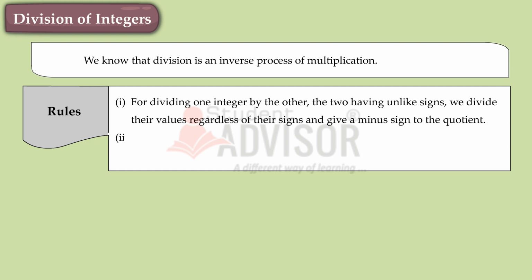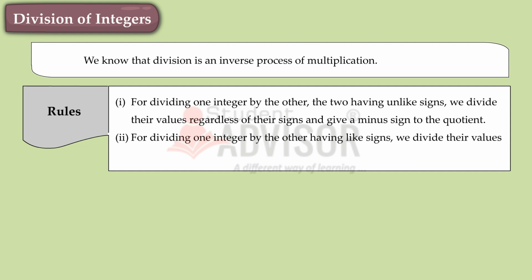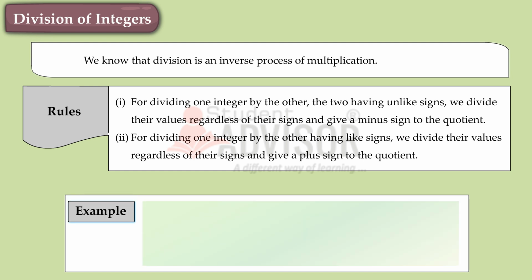For dividing one integer by the other having like signs, we divide their values regardless of their signs and give a plus sign to the quotient. Study the given example.